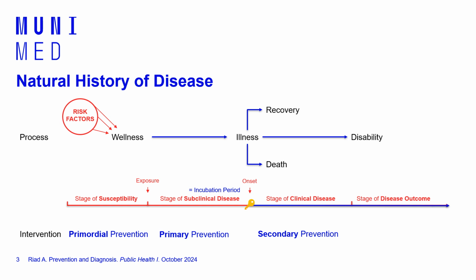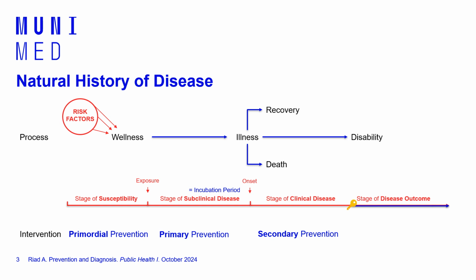And when you find these cases, you will try to give them early treatment because you believe that early treatment can be more effective than later treatment, and that's why you prevent the clinical disease from emerging. Okay, so screening is a very good example for secondary prevention.